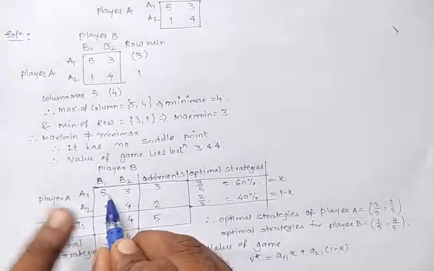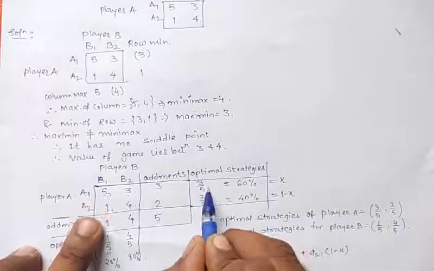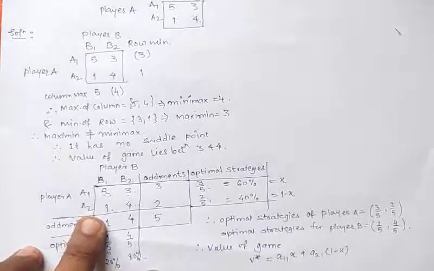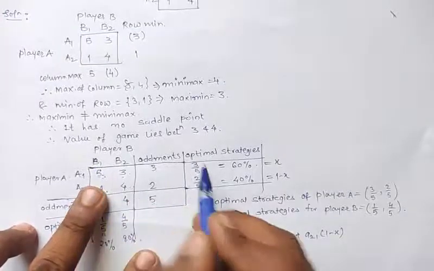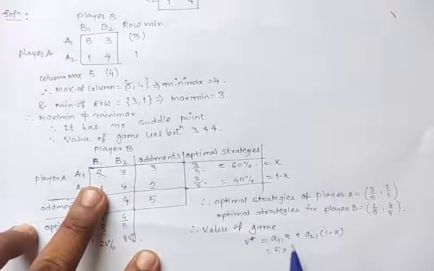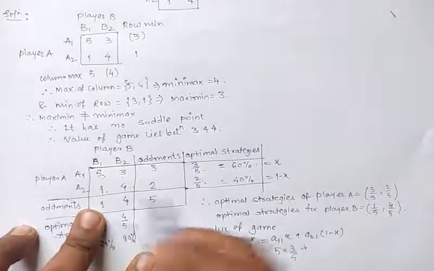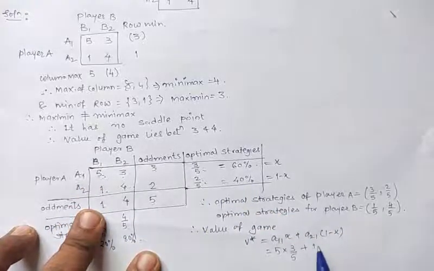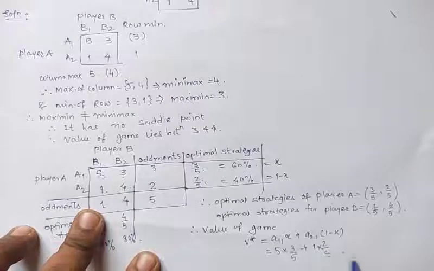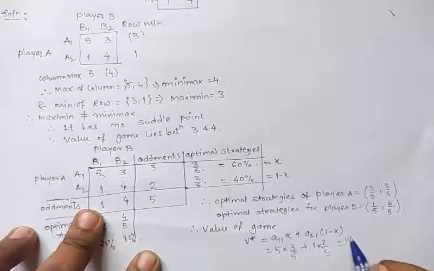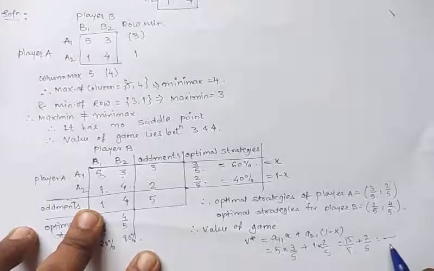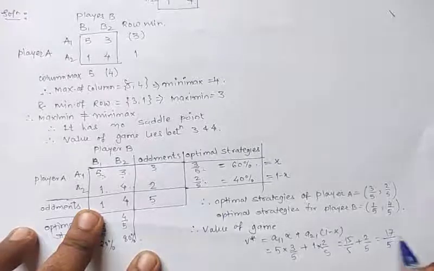So 5 into this value plus 1 into this value, which is 5 into 3/5 plus 1 into 2/5. After solving, we get 15/5 plus 2/5. Taking the same denominator, the numerator is 17/5.